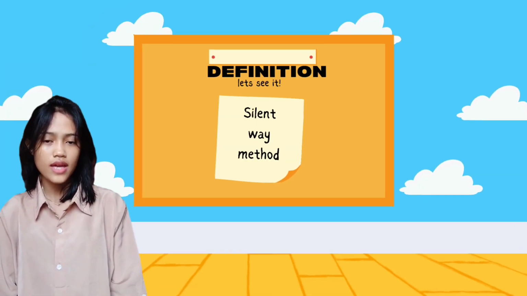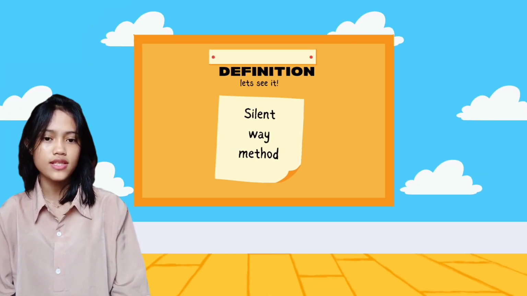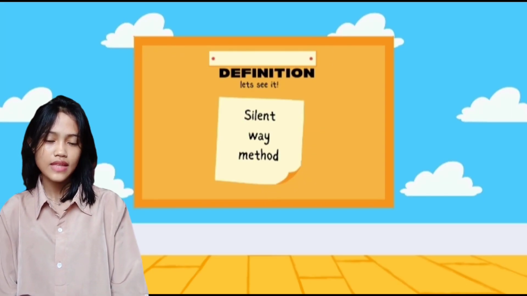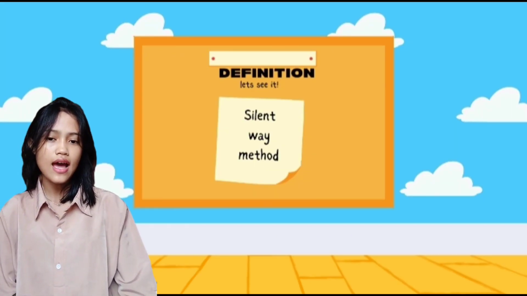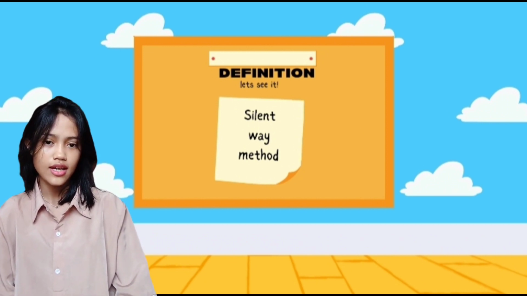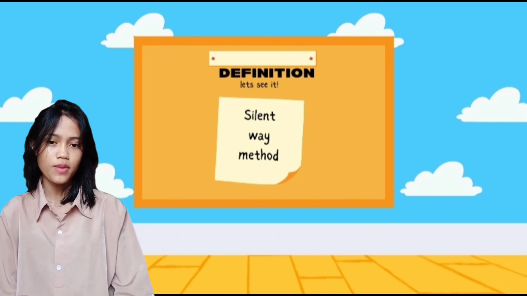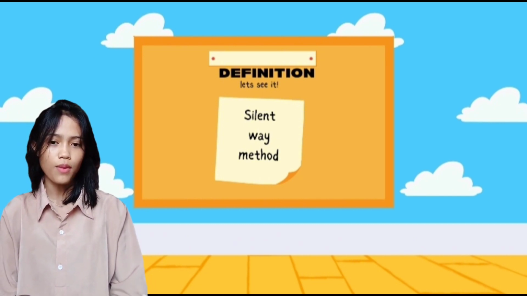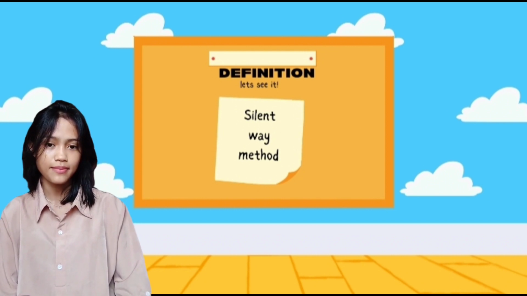The silent way method is a language teaching approach developed by Caleb Gattegno. In this method, the teacher acts as a facilitator who prioritizes the student's role in learning. Students are encouraged to actively create language structures by using a whiteboard and color bars to present grammar concepts.